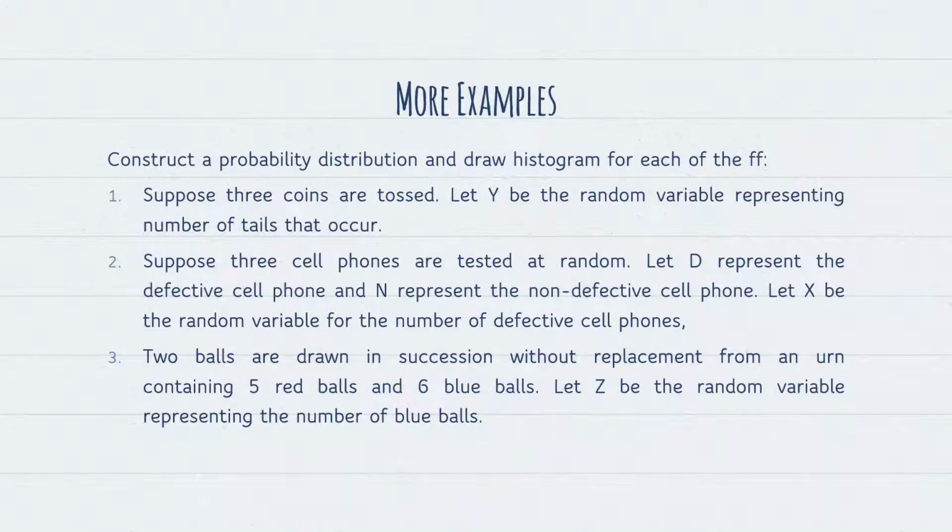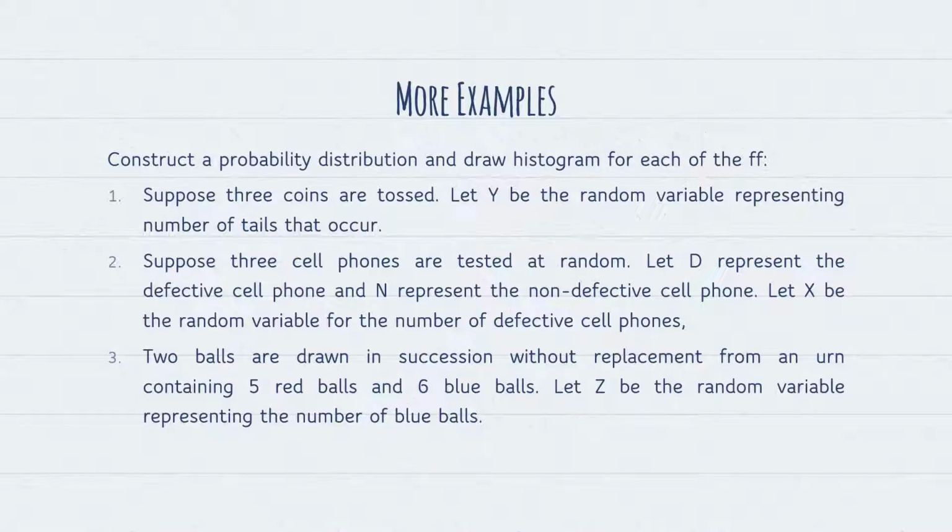Let D represent the defective cell phone and N the non-defective cell phone. Let X be the random variable for the number of defective cell phones. Lastly, 2 balls are drawn in succession without replacement from an urn containing 5 red balls and 6 blue balls. Let Z be the random variable representing the number of blue balls.